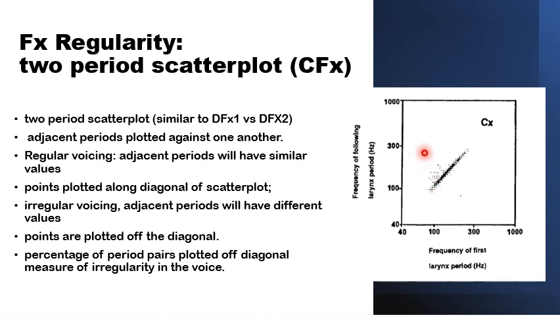The more dots we have off that diagonal line by more or less than 3%, this would tell that the following cycles are far from the original cycles, and this would give a certain degree of dysphonia.